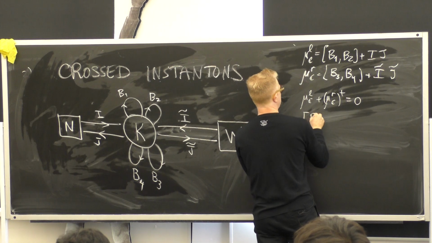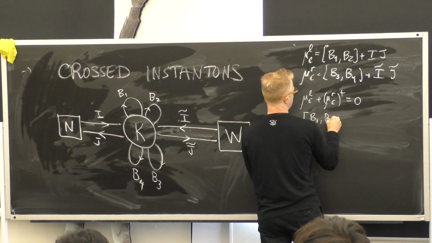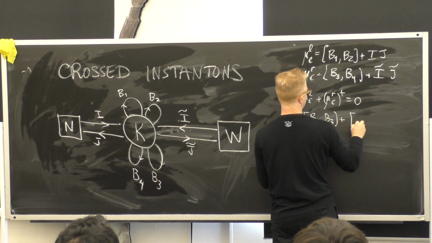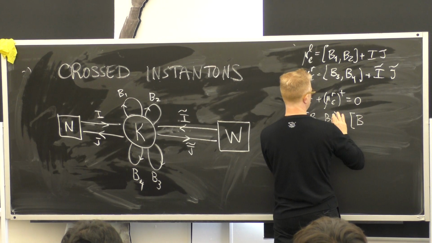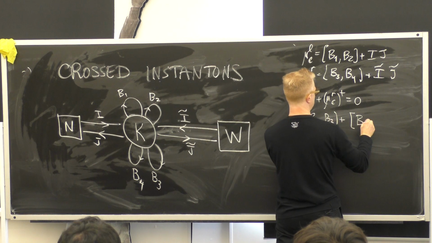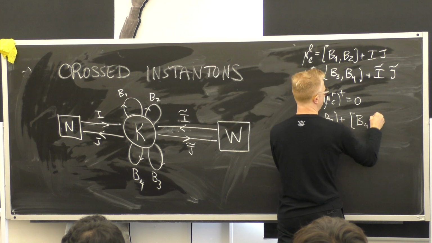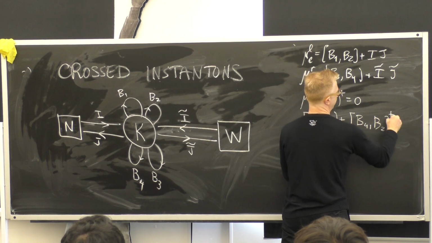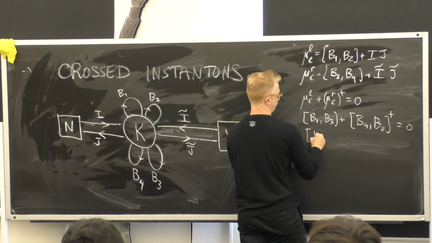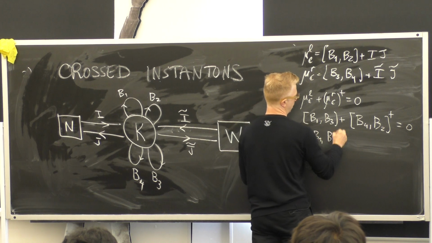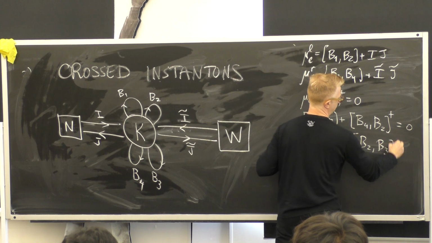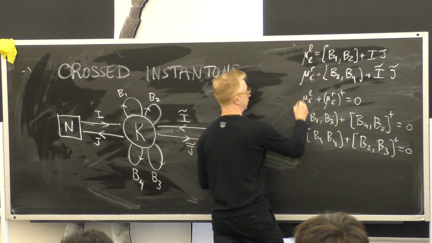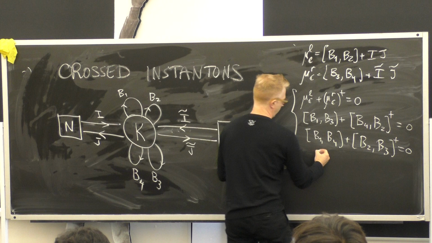And as before, the cross equations, cross commutators, like B1, B3, 2, 4, and the stability.